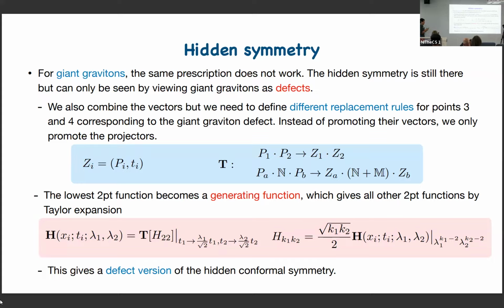However, we know that they should have fixed conformal dimension n, so you should not be changing that. But if you think a bit harder and use this intuition of defects, actually you can find a different realization of this hidden conformal symmetry. So let me explain how this works.